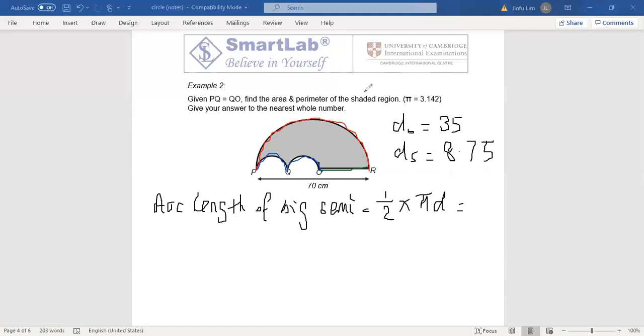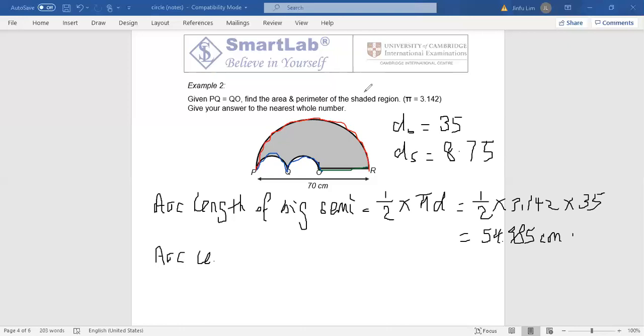So half times 3.142 times the diameter, which is 35. We'll get 54.985 cm.